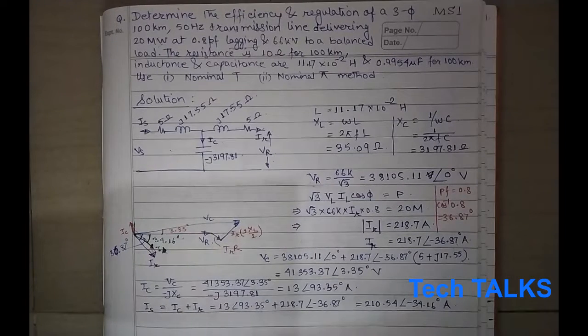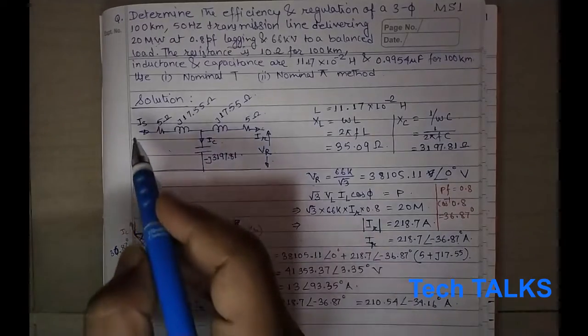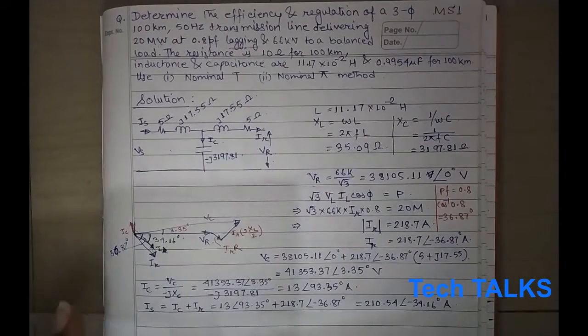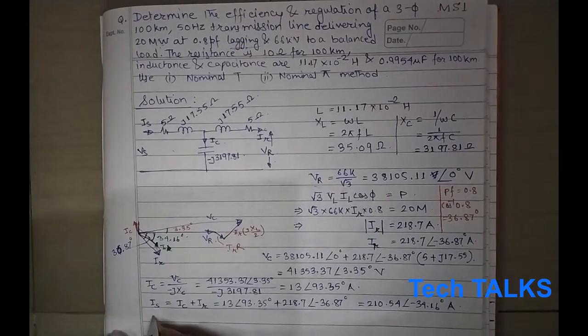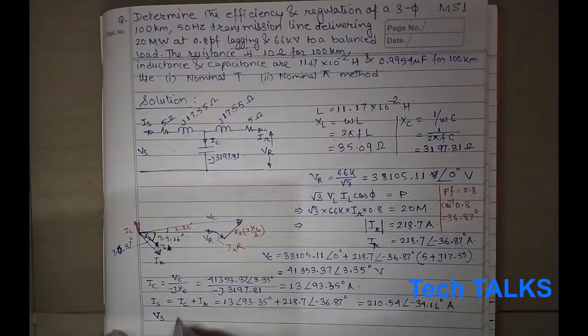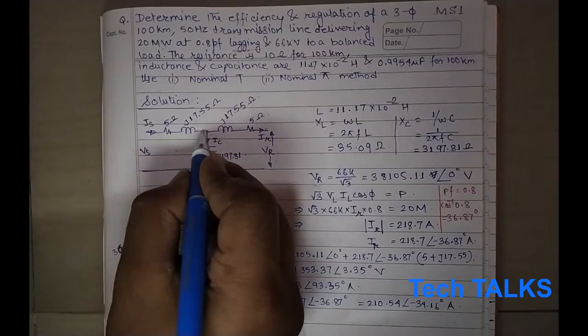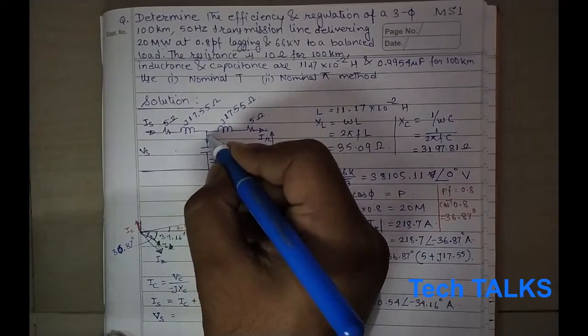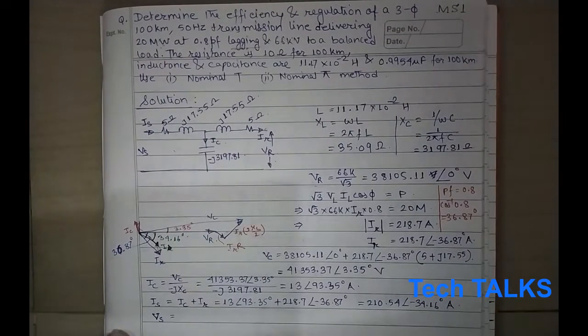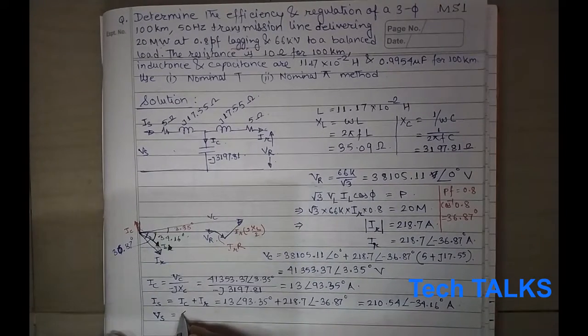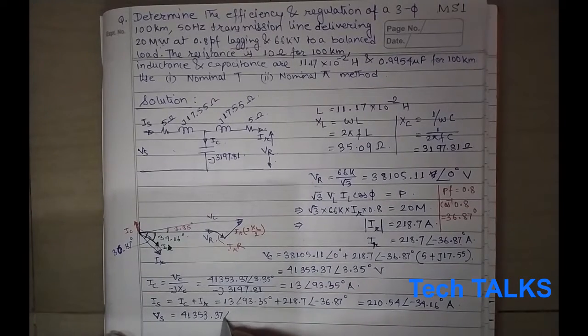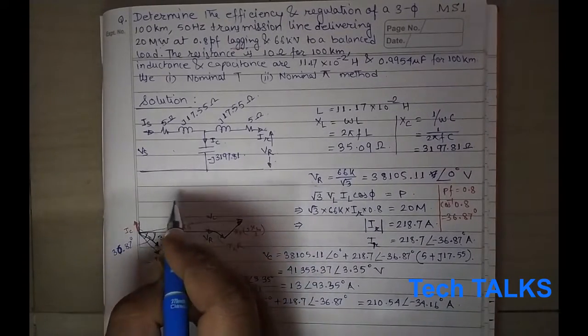Now we have found out IS. Now we will be finding out VS. Similarly, how can VS be found? VS is very simple. Likewise, VS is equal to this voltage plus this voltage. This voltage is VC, so we will directly put the value of VC, that is 41353.37 at an angle of 3.35 degree plus this voltage.